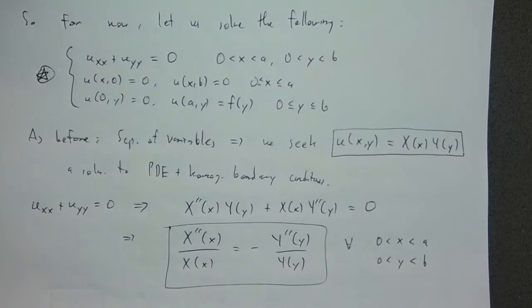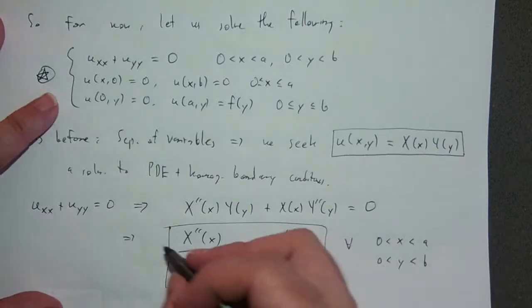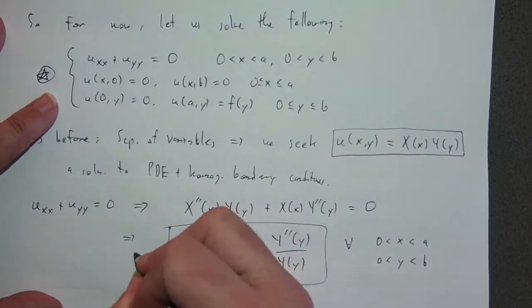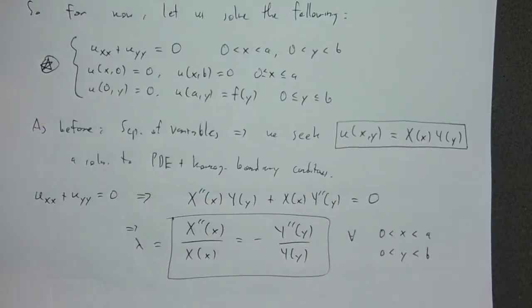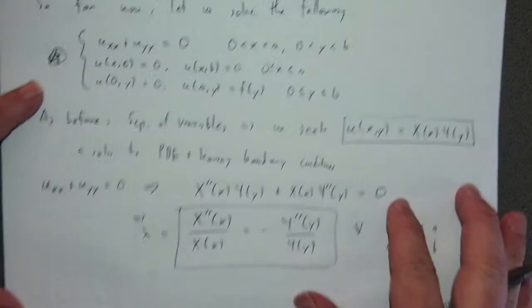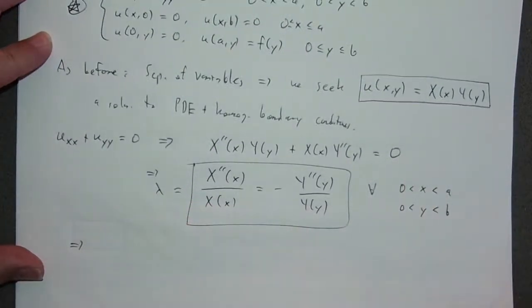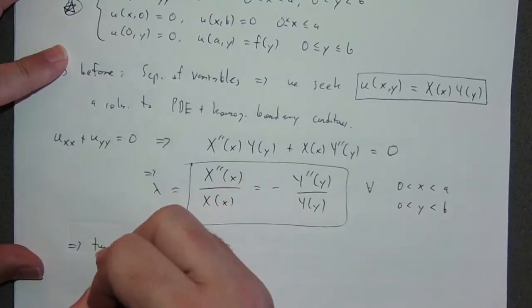Well, the only way that this equality can hold, because the left-hand side depends only on x and the right-hand side depends only on y, is if these are both equal to the same constant. So as before, we say both of these are equal to the same constant lambda, and this leads me to two eigenvalue problems.